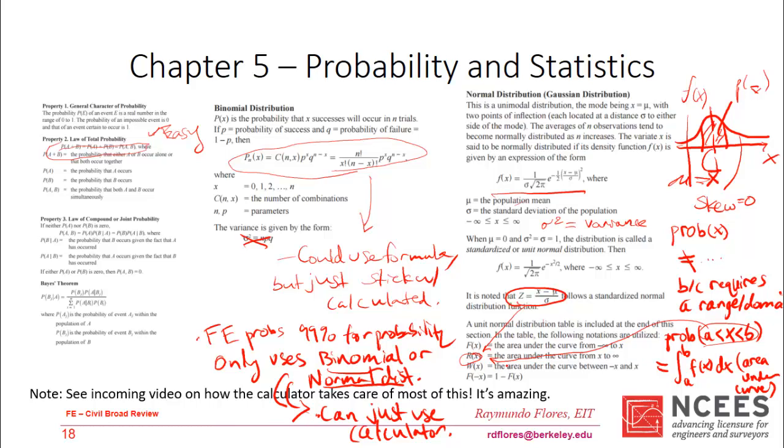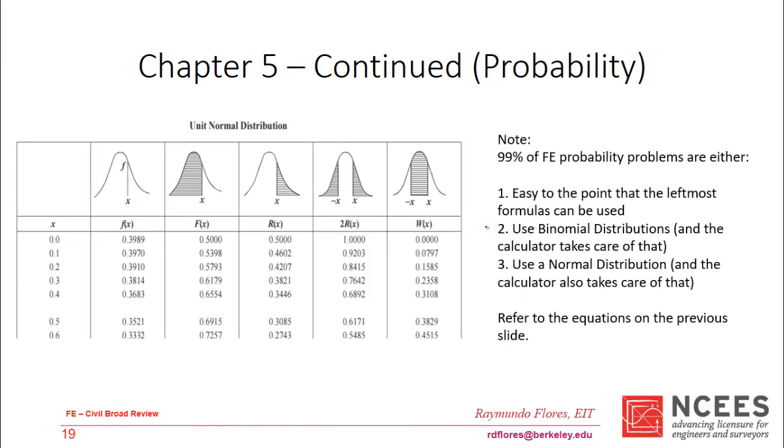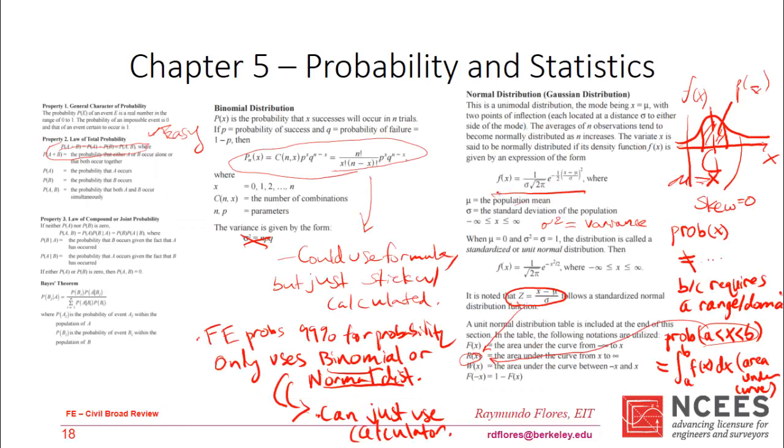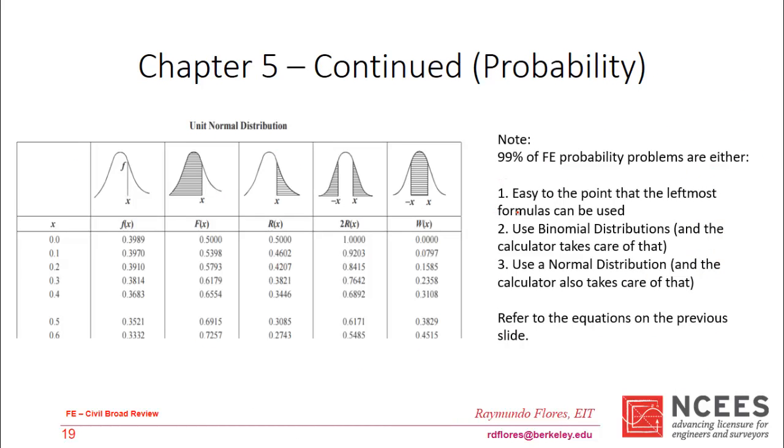So anyway, let's move on. That's exactly what I was saying, that you would be using this table if you didn't use the calculator. So let's see what I wrote here. 99% of FE problems are either easy to the point that the leftmost formulas can be used, and by that I mean this, or use binomial distributions, or use a normal distribution.